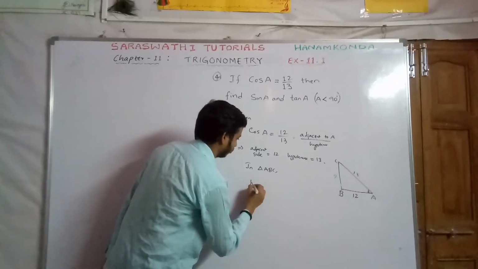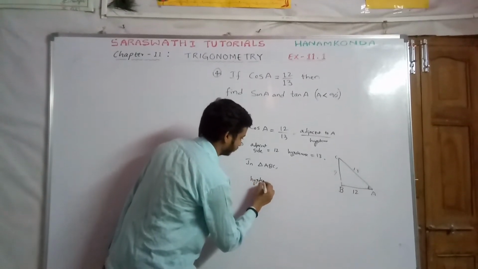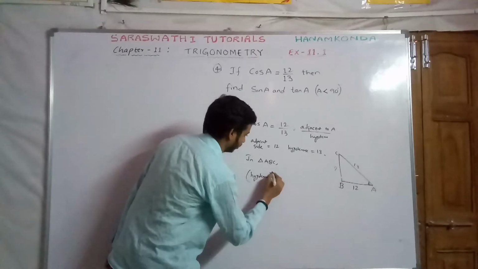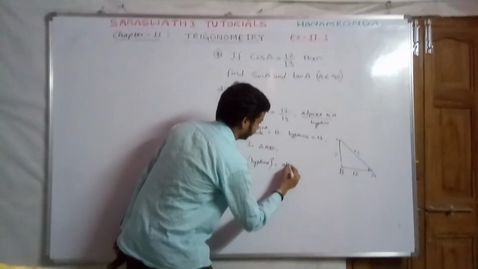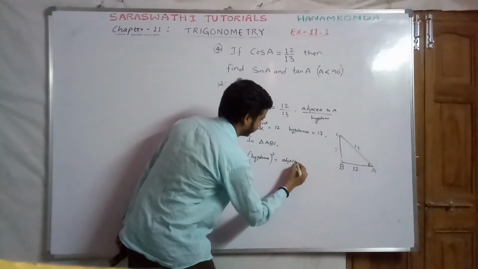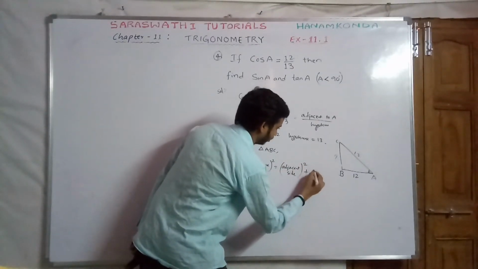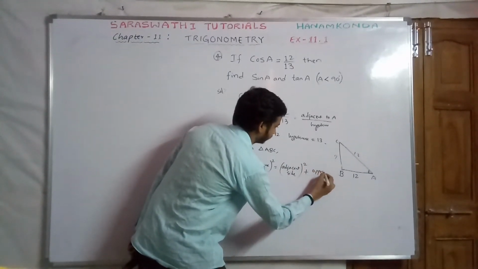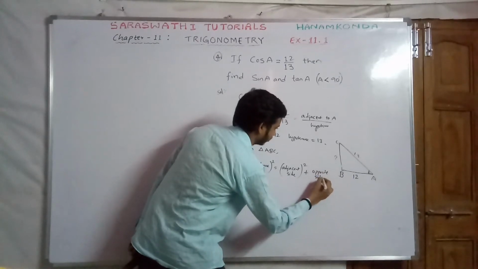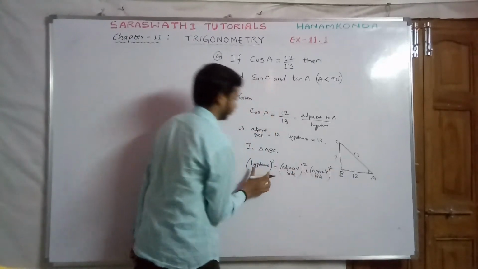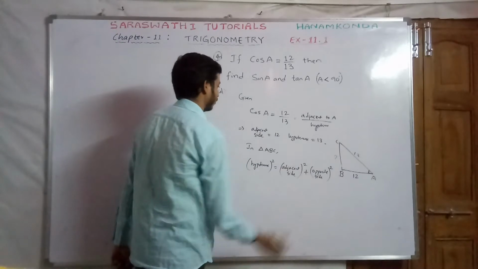So the square of the hypotenuse equals the sum of squares of the other two sides.